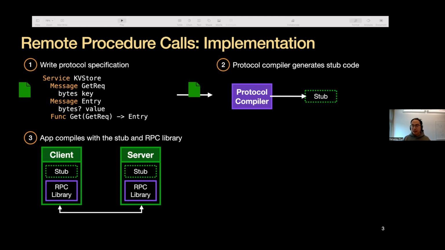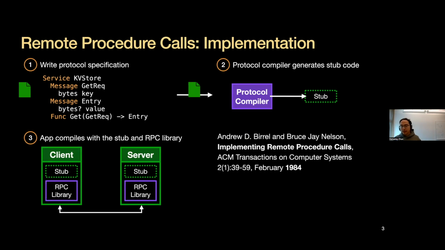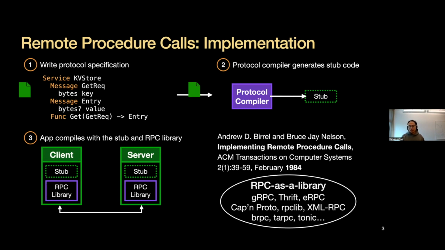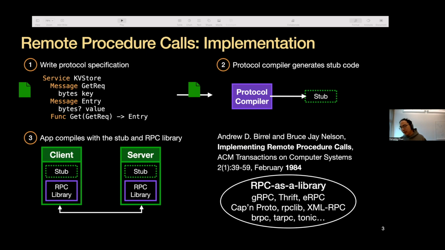So then you can write an RPC client and an RPC server, and the client can call functions on the RPC server. This architecture was invented in the 1980s in this classic paper called Implementing Remote Procedure Call. This architecture is used by a lot of open source RPC systems like gRPC, Thrift, and others.